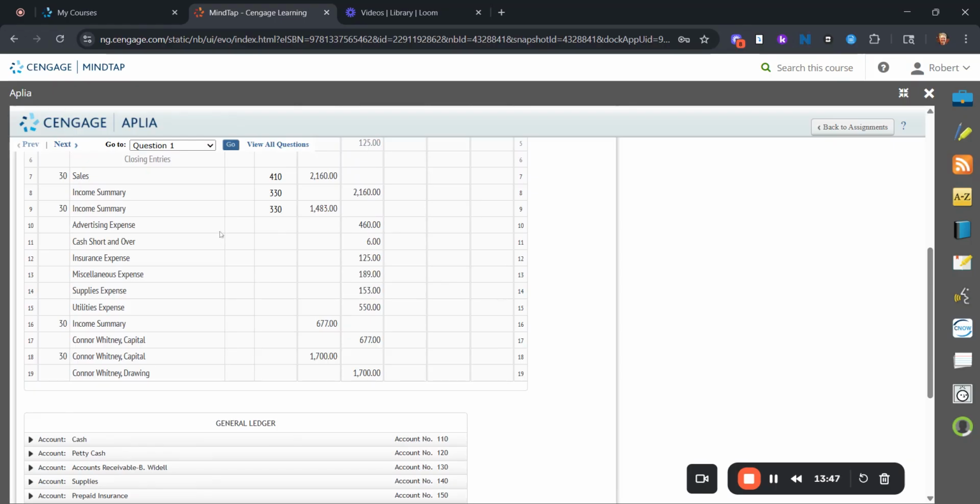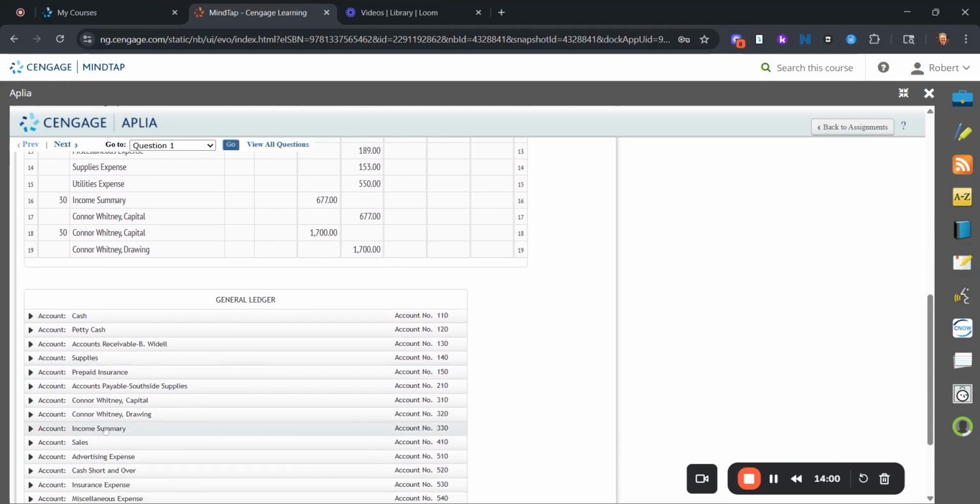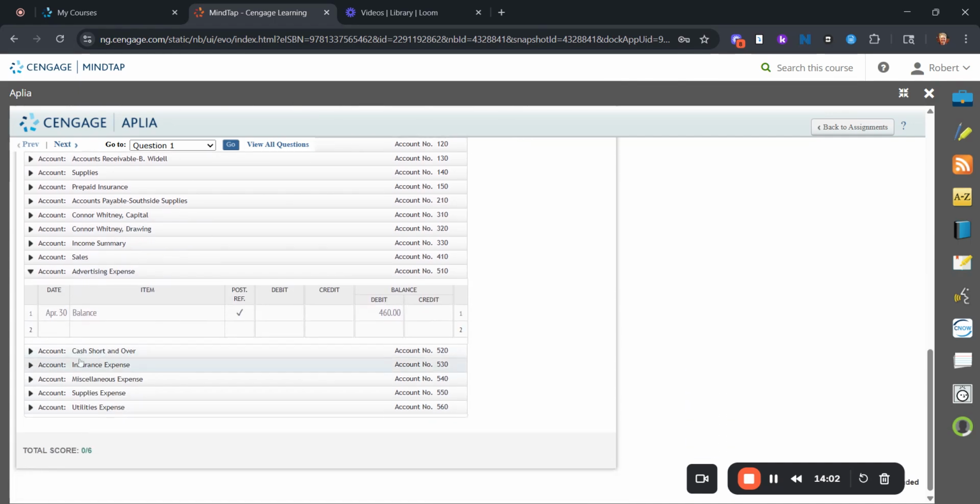Now we're going to enter our expenses on the expense ledgers. So advertising expense, $460. So $460 credit. I had a debit, so same amount, $460.